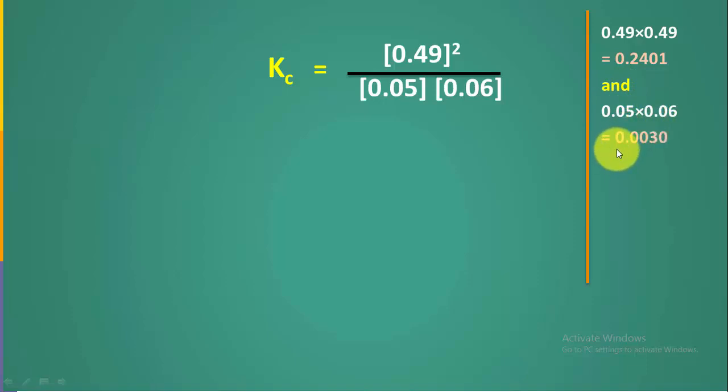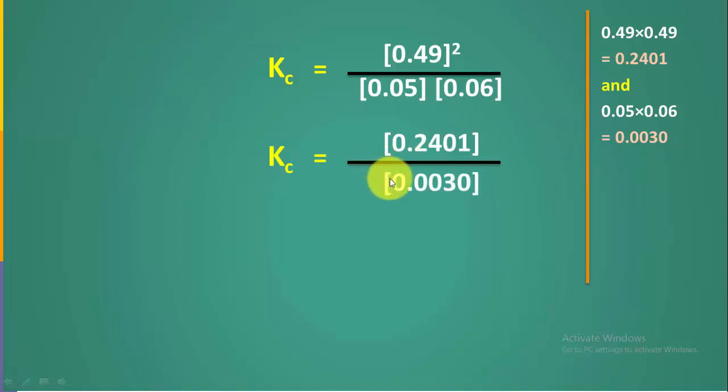So we put these values in the expression, that is equal to 0.2401, which is the square of 0.49, over 0.0030. So we divide to find the Kc value, again in the sidebar, and the answer is 80. So the value of Kc is 80.